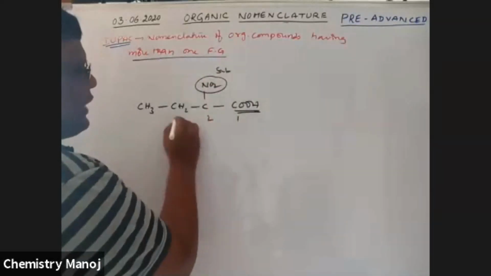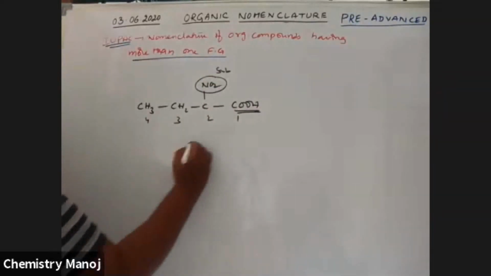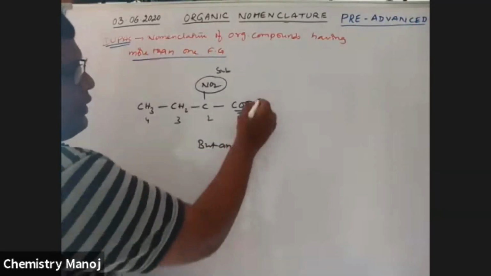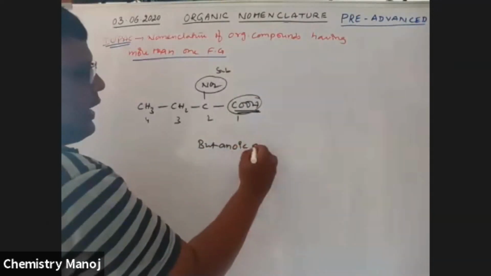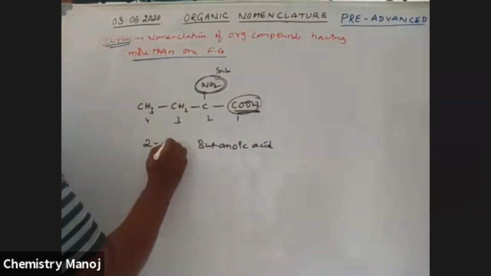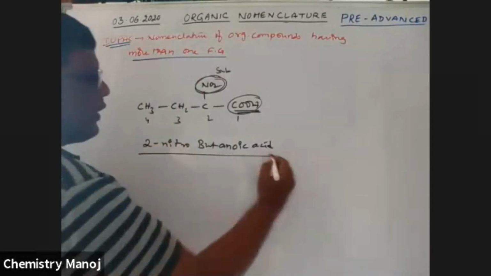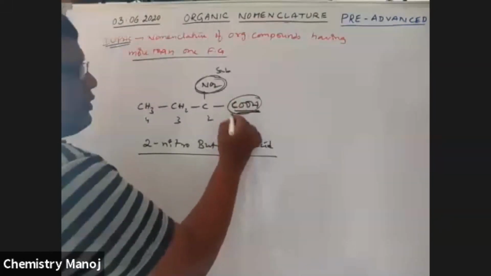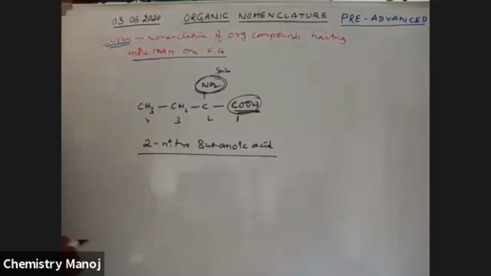So the first carbon, second carbon, third carbon, fourth carbon, but, AN, butane, COOH gives oic acid, and at the second carbon NO2 is there. 2-nitrobutanoic acid is the name. So the functional group having carbon should be the first carbon. This is the way to find out.